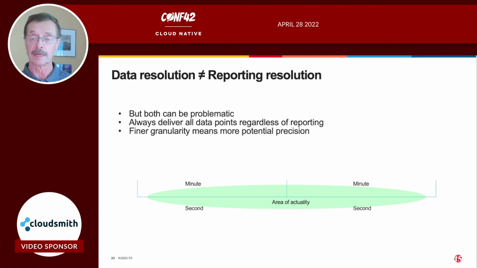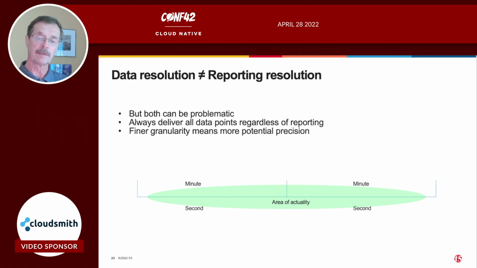So this is a simple little kind of drawing. When you measure something, it's actually in the middle of your granularity point somewhere, but you're not quite sure where. So in this case, if I'm measuring on a second by second basis, where it falls relative to that second boundary varies by the size of that boundary.